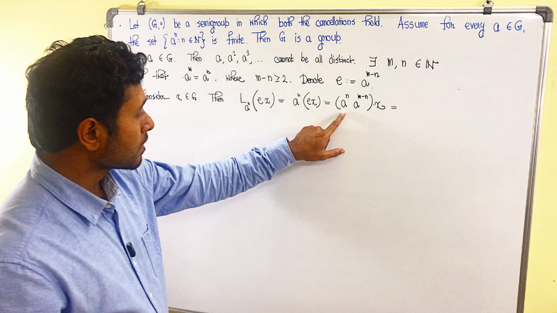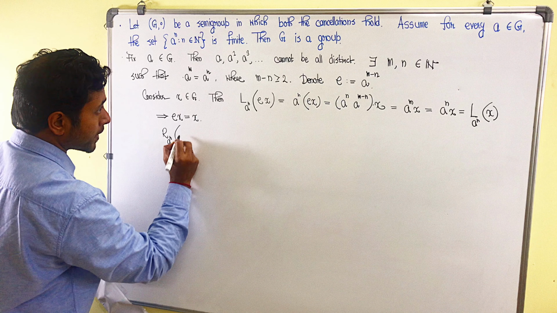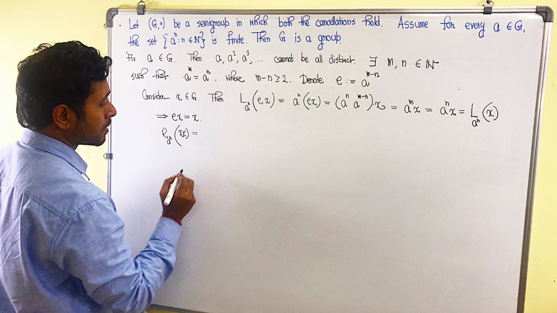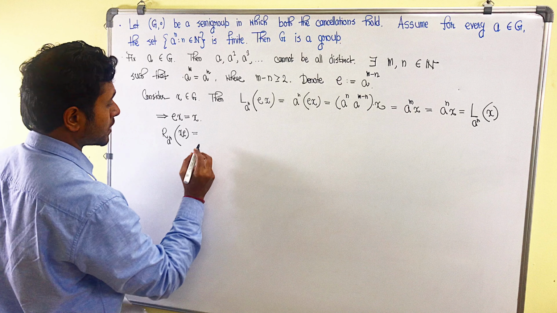Similarly, we can think about R a to the power n of xE, and that would give us R a to the power n x by a similar kind of computation, and then that would mean xE equals x. So from these two we can say that E is the identity element.